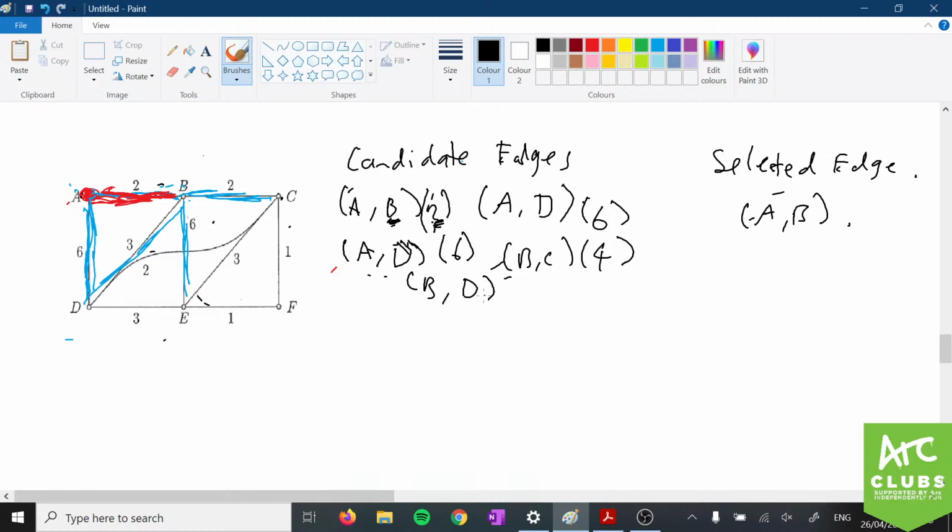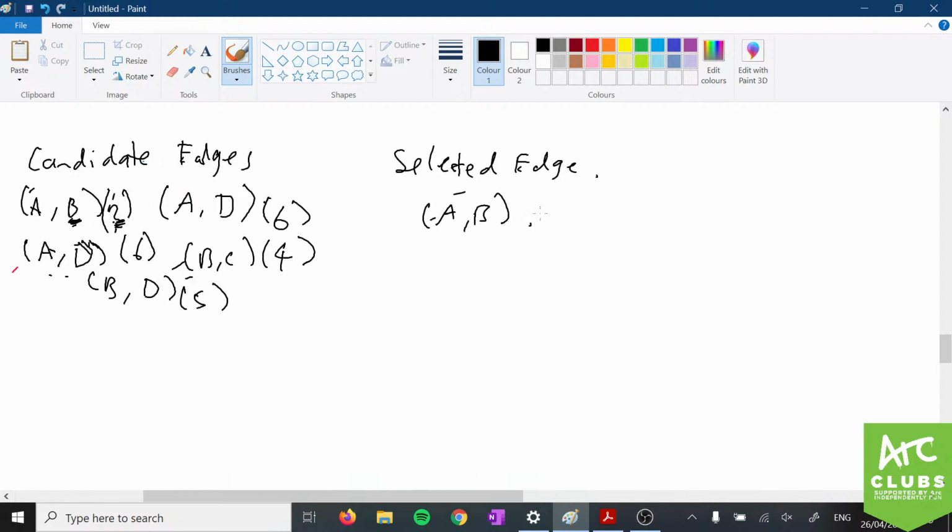BD, for example: if we travel towards D using our spanning tree and the edge BD, then we'll get a total distance of 5 to D. If this is a bit confusing, we can have another column, say selected vertex, which is just the endpoint of the edge we select.